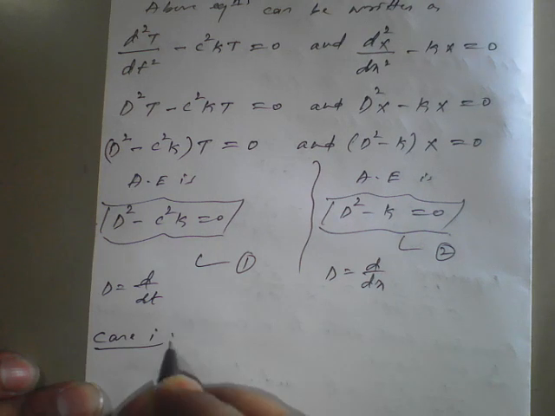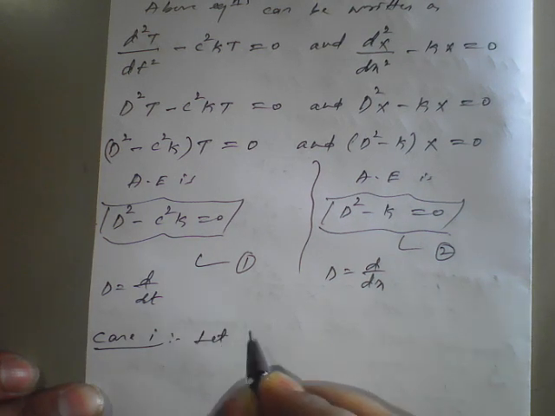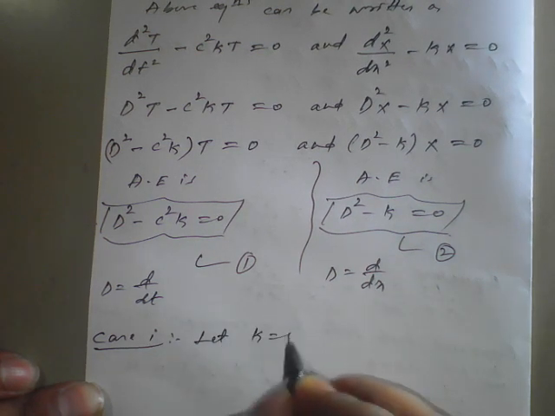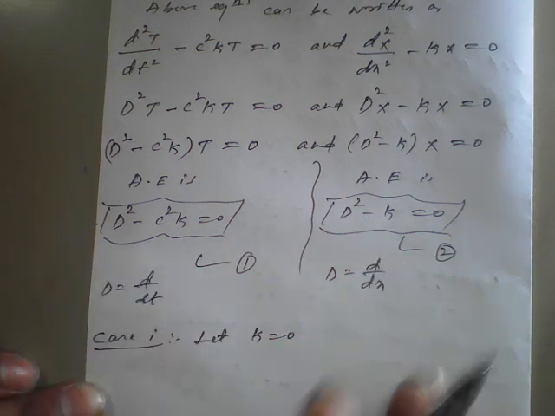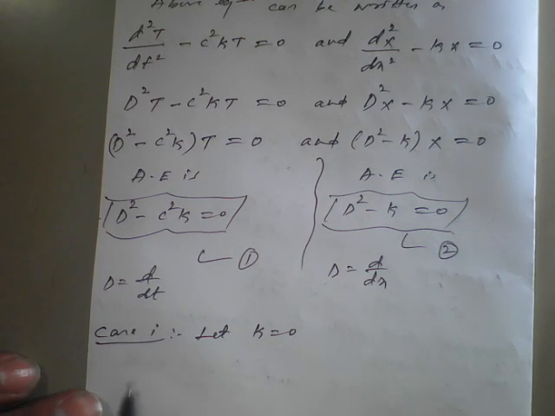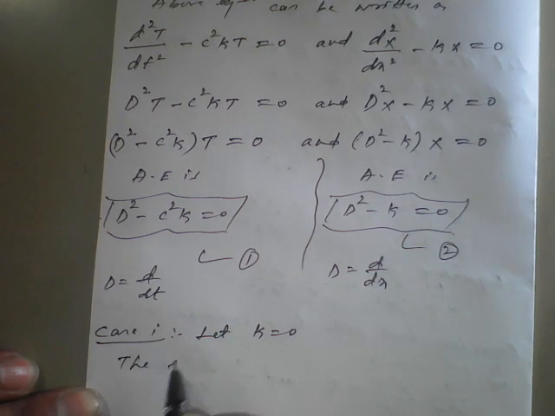Case 1, let k is equal to 0. So put k is equal to 0 here and here, we'll see one by one. So let k is equal to 0, what happens to equation 1?